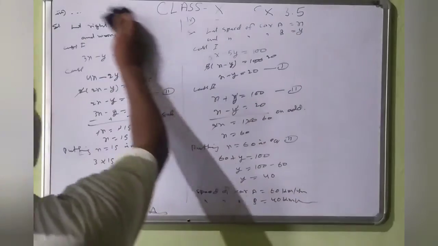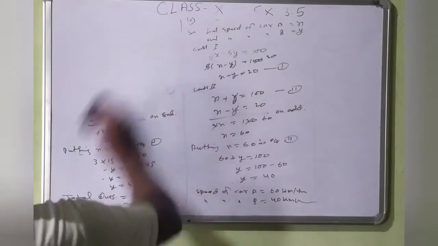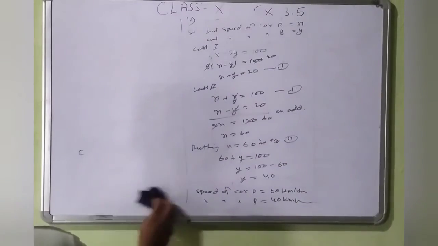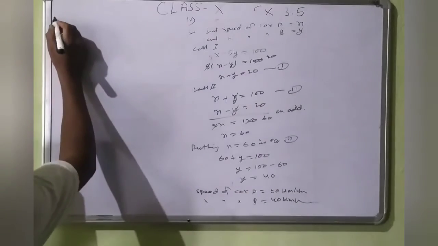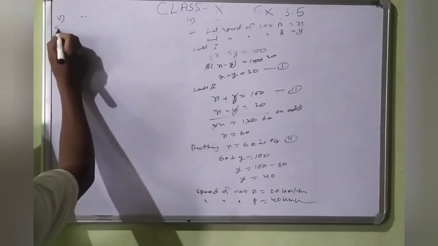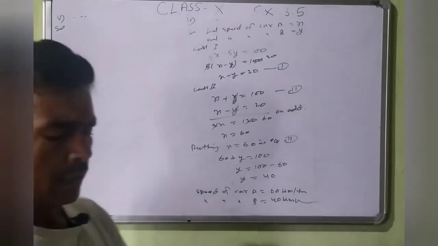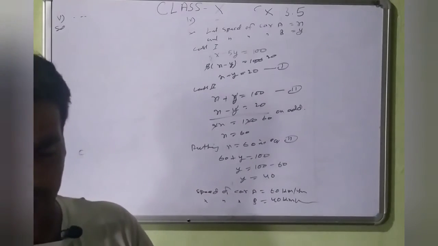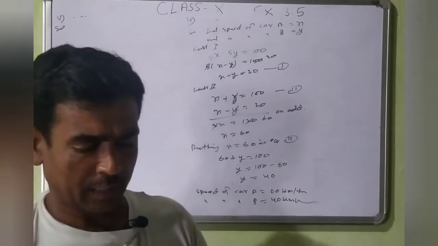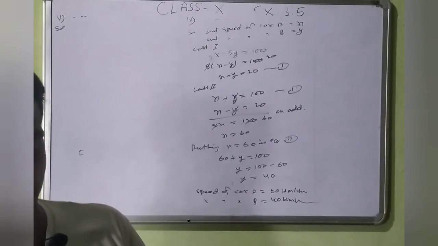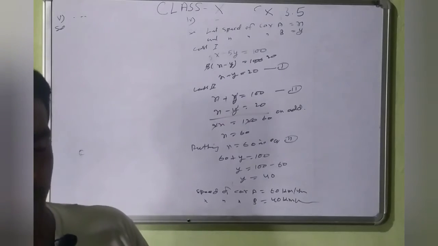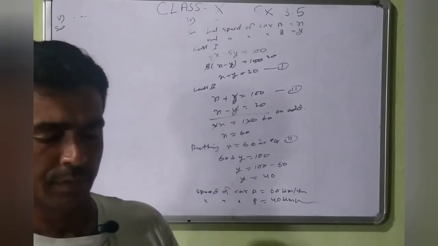You have seen that. Now the question's last part, the fifth part. The area of a rectangle gets reduced by 9 square units if its length is reduced by 5 units and breadth is increased by 3 units.